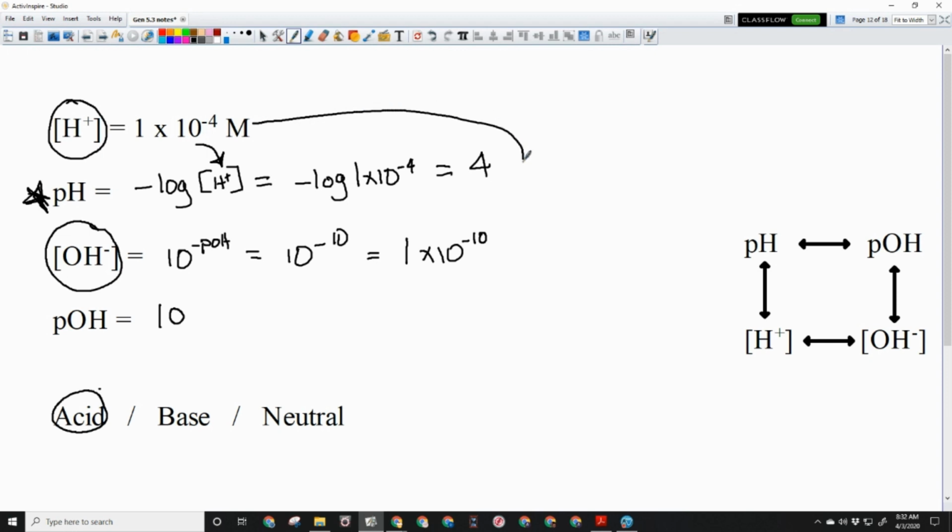So when you multiply these two together, you're going to get 1 times 10 to the negative 14. So the property, when you're multiplying numbers that have exponents, is that you add the exponents together. And that's just another one that you should know that's not on your list there.